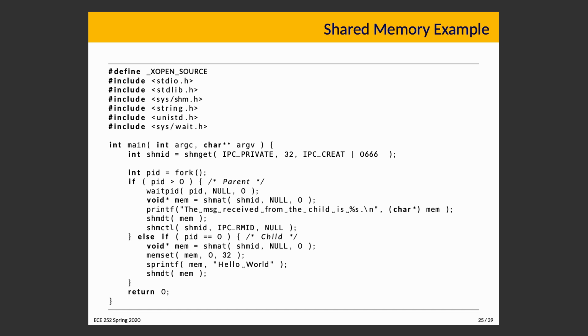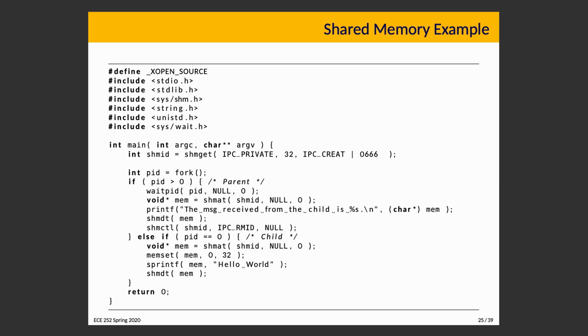The child process will attach to the shared memory segment that has been specified, and it will use null, allowing the kernel to decide where it is going to be attached in main memory. We will then memset it to 0 because we're going to write a string in it, and then we will printf in there.